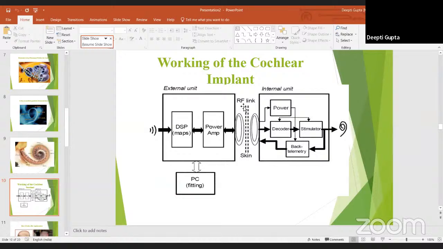As we know, whatever signal we get is always in analog form. Digital conversion is required because many operations need to be done on the digital signal processing side. We cannot do the processing on the analog signal. So first we need to convert it into a digital signal. And after that, we need to convert it into bits also, because our ear cannot take everything directly like that.